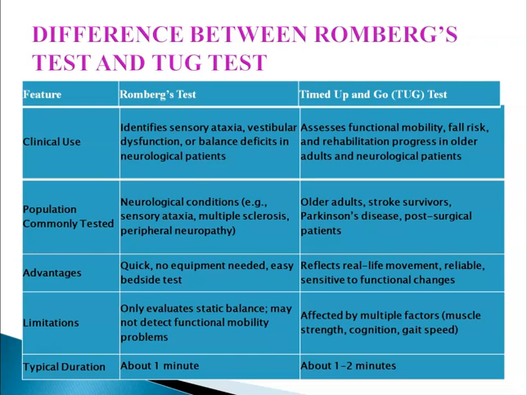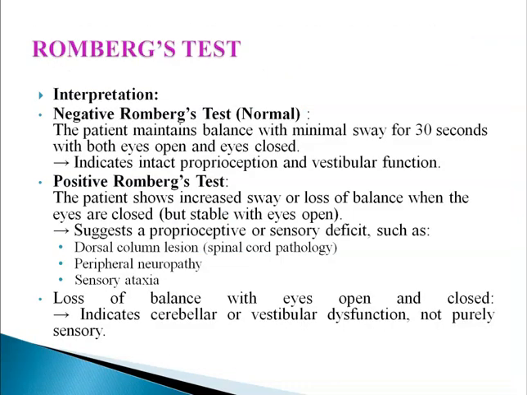The limitations: Romberg's test evaluates only the static balance, and it may not detect the functional mobility problems. In TUG test, the limitations are that it is affected by multiple factors like muscle strength, cognition, the gait speed of the patient, etc. The typical duration of Romberg's test is about 1 minute, and in TUG test it is 1 to 2 minutes.